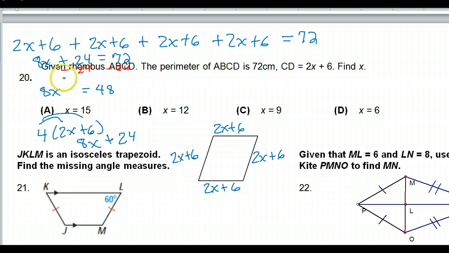So I need to divide both sides by 8. Okay, so that's going to be 6. Alright, so x is equal to 6. So that's why the answer is D for number 20.